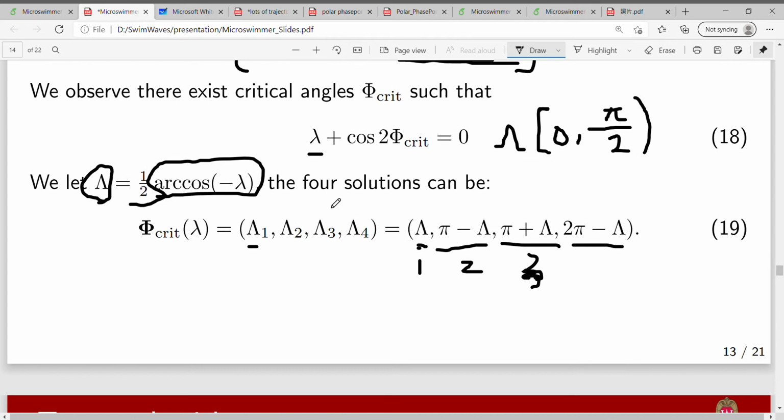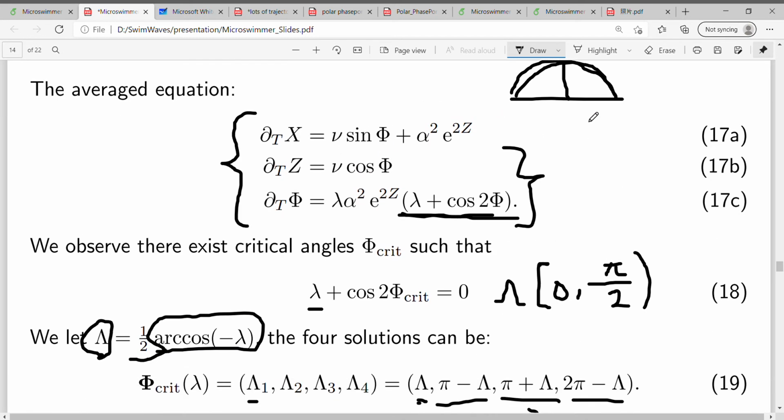And we solve this system, and the solution phi crit will be 1/2 of the arc cosine of minus lambda. Okay, and because the arc cosine is defined in 0 to pi, right? So 1/2 of that is defined in 0 to pi over 2.